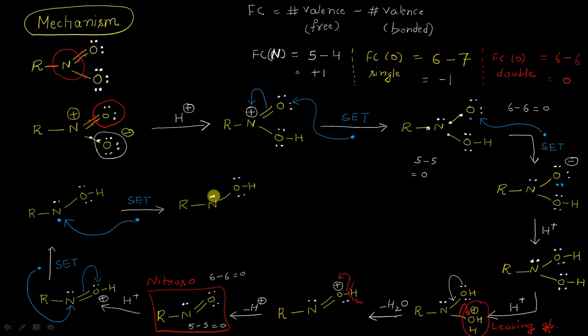This has first lone pair, and now when this single electron goes to this nitrogen having the odd electron, this will also become a lone pair, such that this nitrogen atom will have a formal charge of 5 minus 1, 2, 3, 4, 5 and 6, which gives us a -1 formal charge.